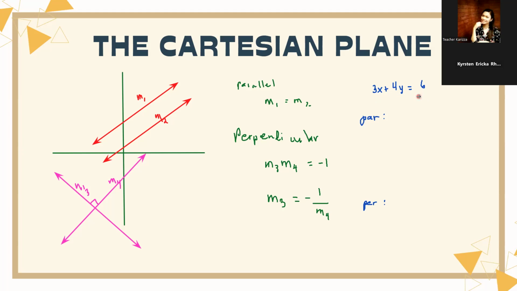Or you can solve for slope, but we can't really solve for the slope since we don't have the coordinates. So dito na natin gagamitin yung rewriting your equations into different forms. This is in standard form, so we just need to rewrite it into slope-intercept form.